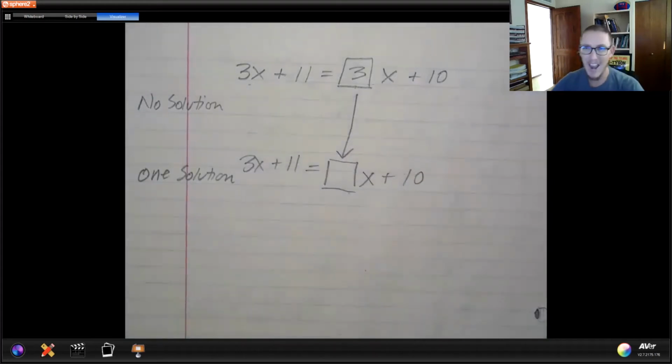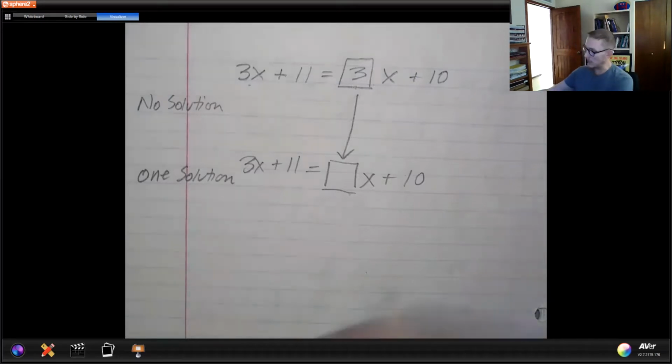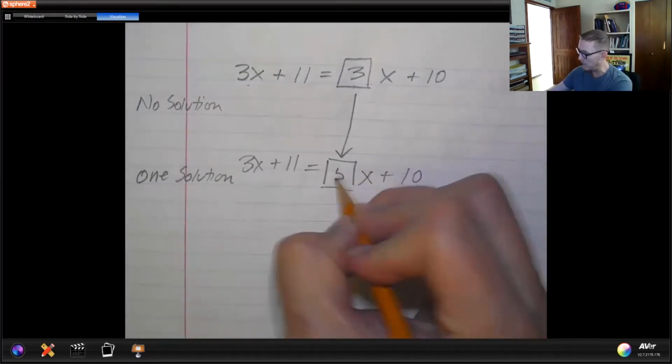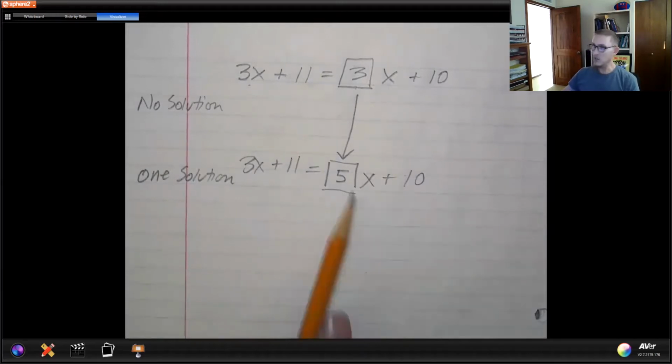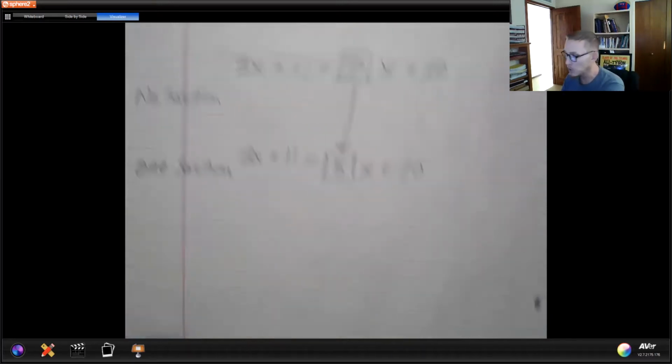You could put any number you wanted in that box except for 3. 3 is going to cancel out, but everything else you plugged in there will not cancel out. So say, for example, I put a 5 in there. A 5x on one side and a 3x on the other aren't going to cancel out like they did before. So depending on what they want, that's going to impact what you put in the box.